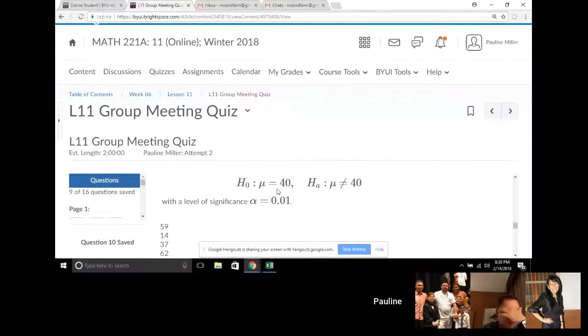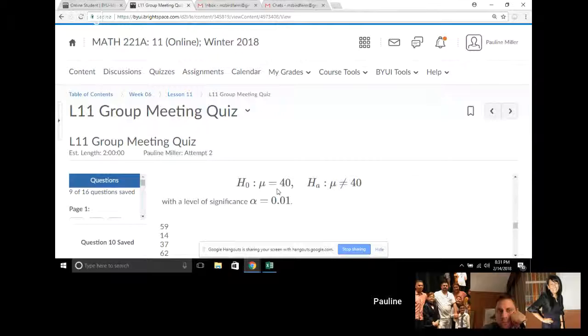This didn't dawn on me until I was getting tutored. If the alpha is 0.05, then the other part of that is you're looking for 95%. If the alpha is 0.01, you're looking for 99%. I didn't get that part in class last week.